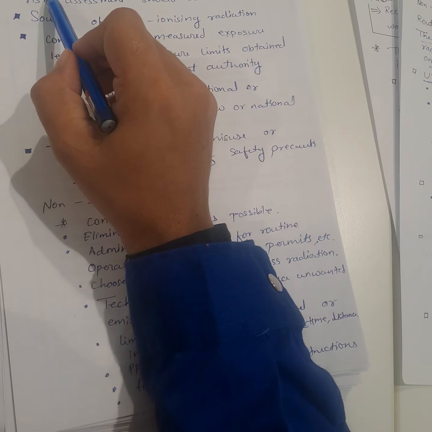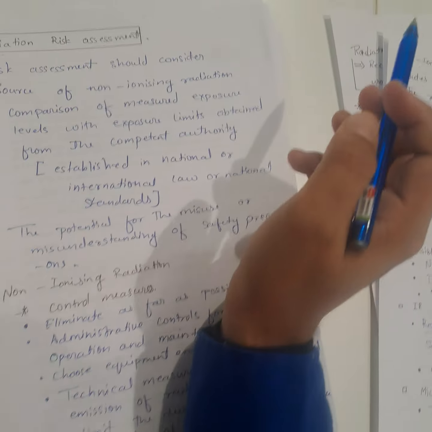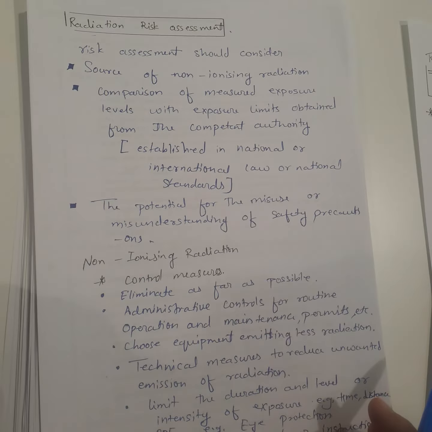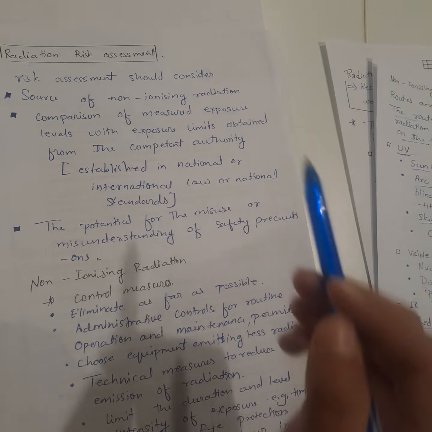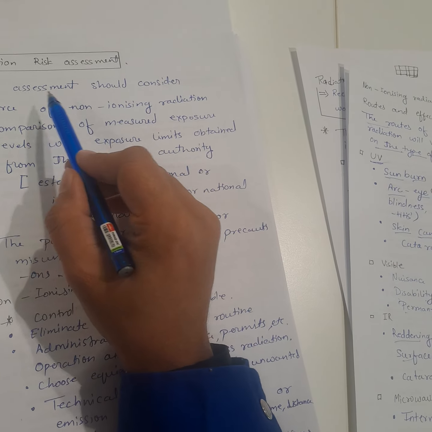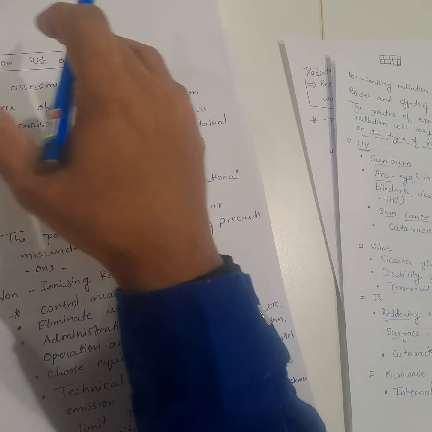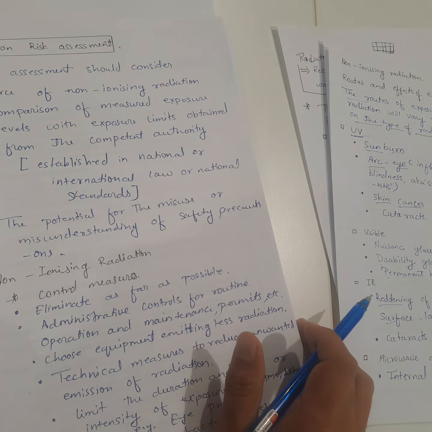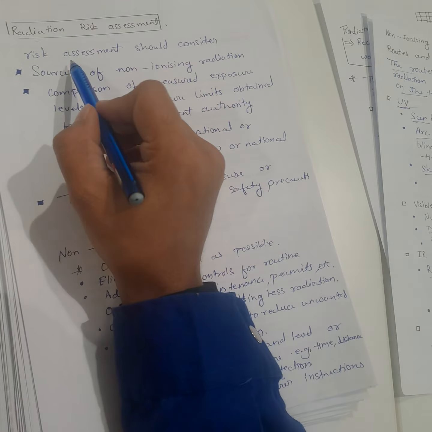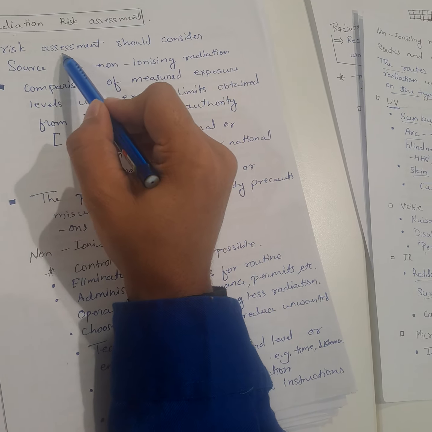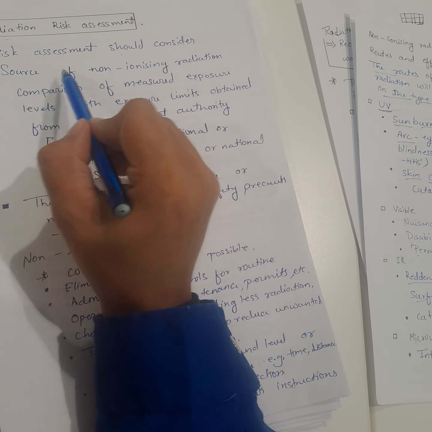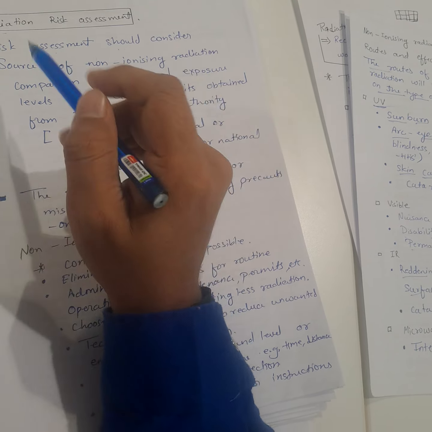So radiation risk assessment. In our workplace, how are we going to see what the hazards are and how will we define them? If we want to make a risk assessment of the workplace, what do we have to ensure? The risk assessment should consider the source of non-ionizing radiation.